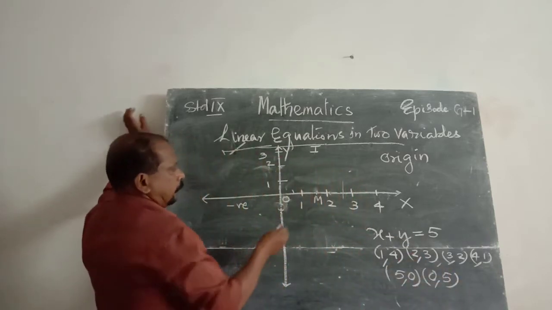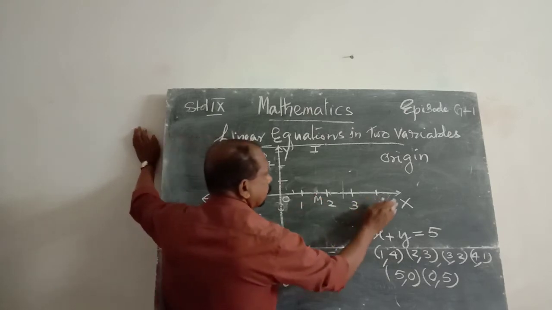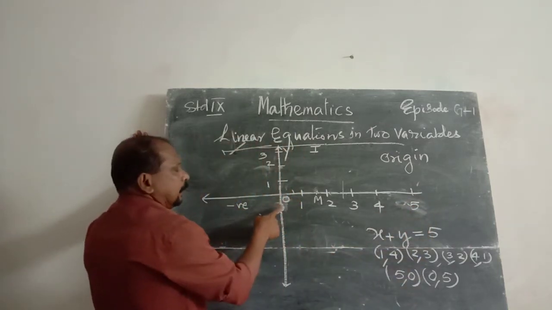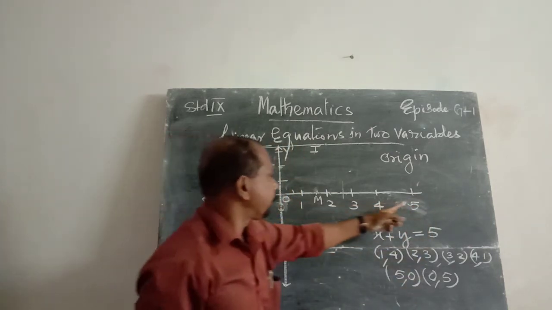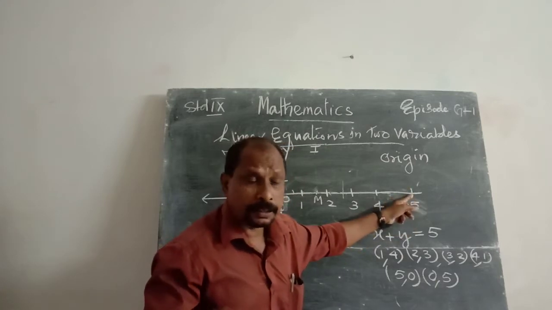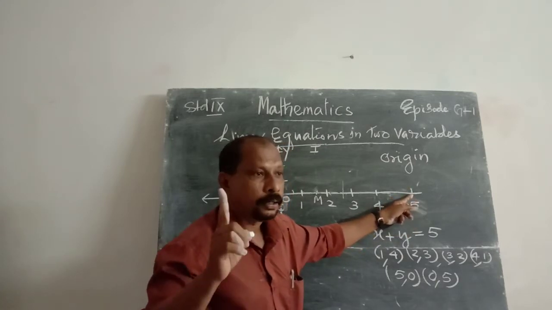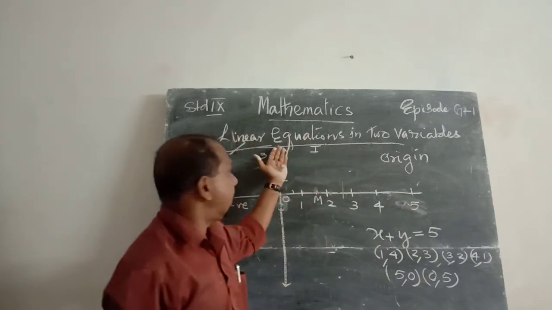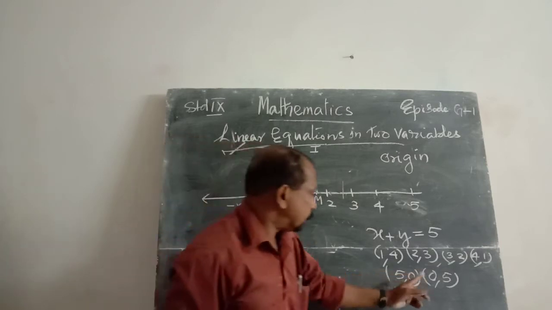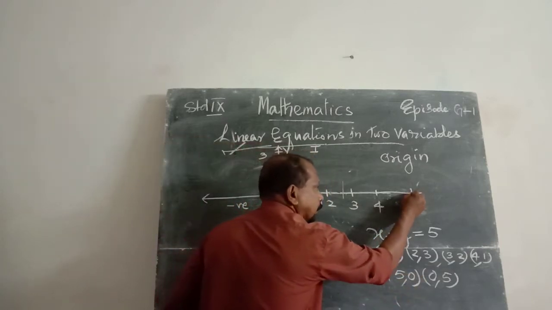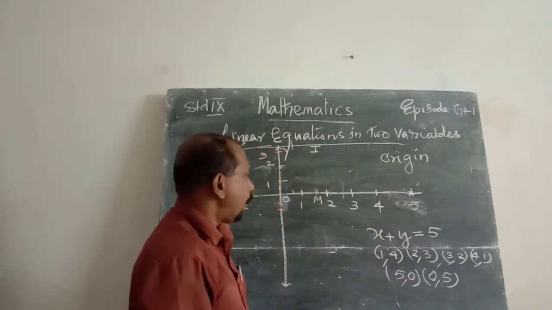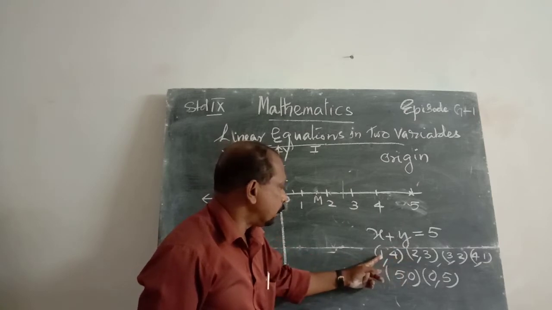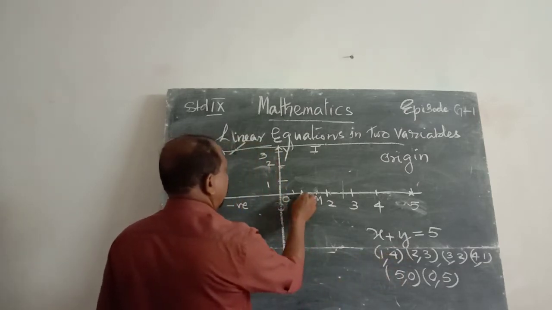Then consider the point here, next to 1, 5. We know that for any point on the x-axis, the y coordinate is 0. Similarly, for any point on the y-axis, the x coordinate is 0. Therefore, if y is 0, the point on the x-axis is 5, 0. And then x is equal to 1, y is equal to 4, the point 1, 4.